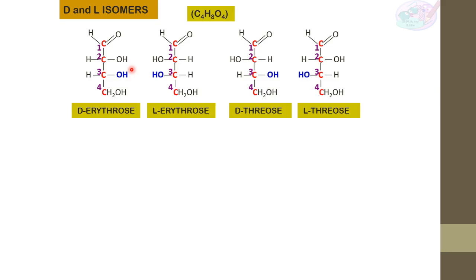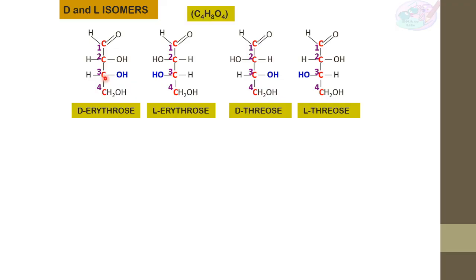So always remember that for that we always look at the farthest chiral carbon, which is farthest from this aldehyde group. Here, this third number carbon is farthest from the aldehyde group. This second is closer, so we will always take this farthest carbon, and this farthest carbon is called the penultimate carbon. And why are we taking this?